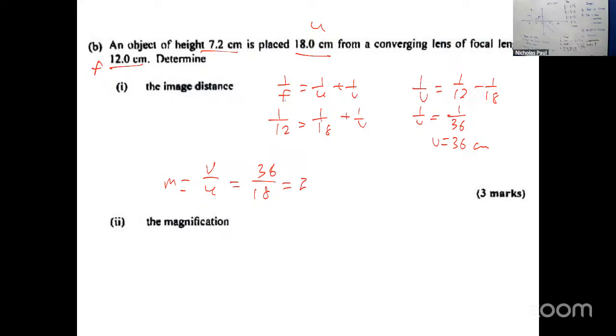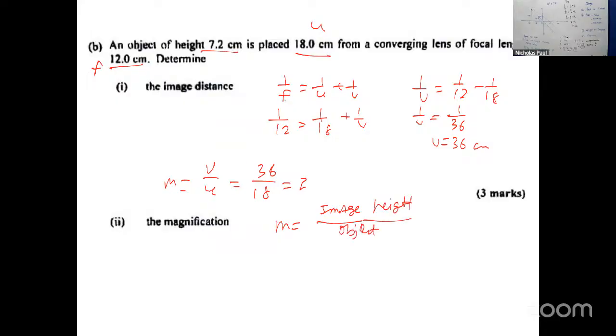But after, image height. So we could use magnification as what? How do we get image height? What's the formula you're using? Magnification is image height over object height.